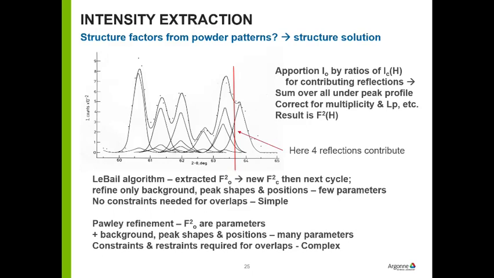So it goes around in this little cycle of starting off with one set of FCs, you replace them with a new set of FCs, replace that with another new set of FCs, and you will get a fit, and you will get a set of observed structure factors, which could be horribly wrong because of the overlaps, but nonetheless, it is a starting set of intensities.